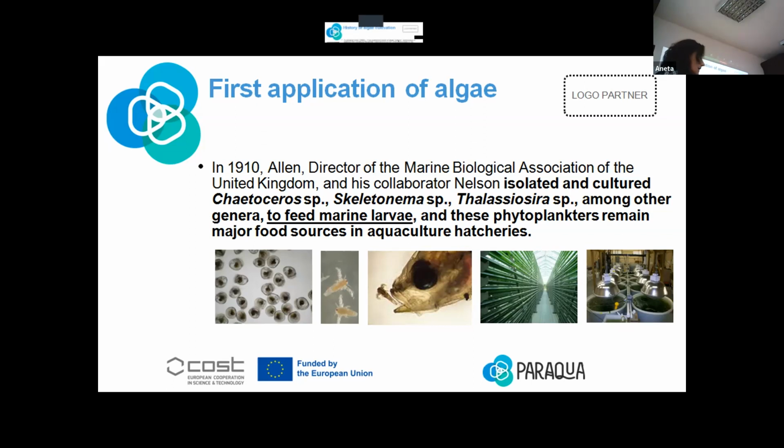Why am I mentioning this? Because these species were cultivated for years, and we are still cultivating them to feed marine larvae.